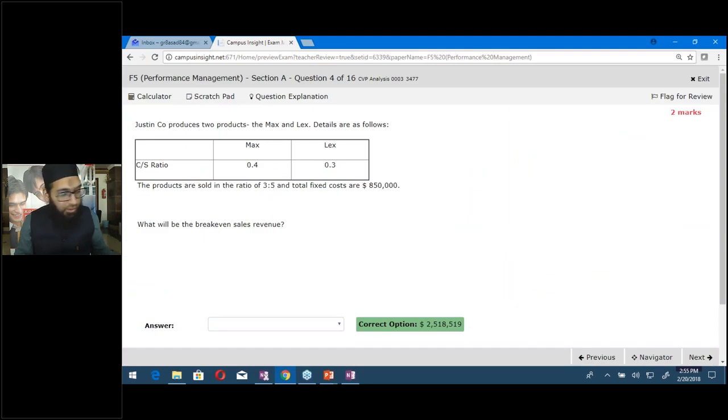Because in the answer it is rounded off to 0 decimal places, the correct answer will be 2,518,519.